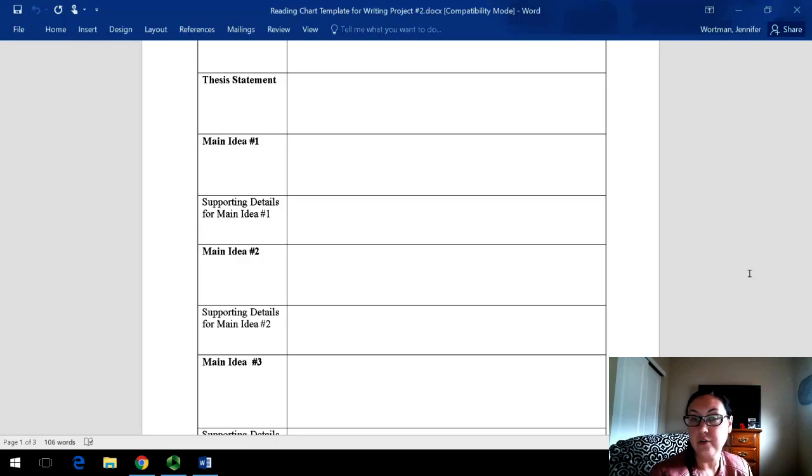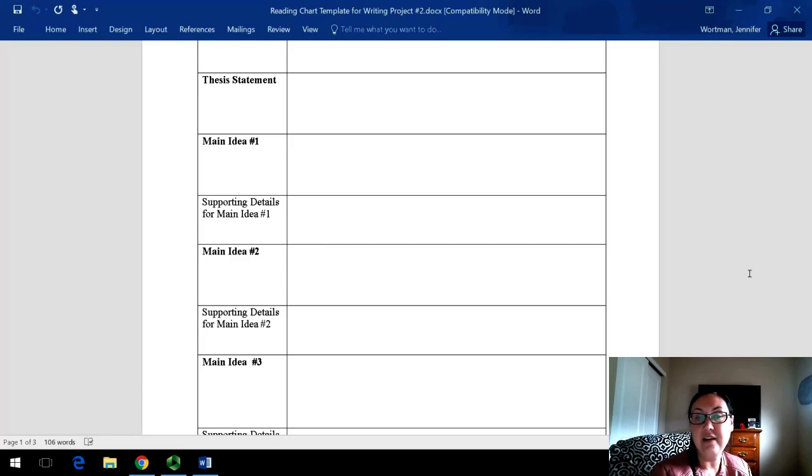So whoever the author is, their last name claims, the author says, the author showed, the author describes, the author covers, the author researches. Whatever it is that the author is doing with that thesis or main idea, you'll use some verb to make sure that it's clear that it's their idea and not yours.